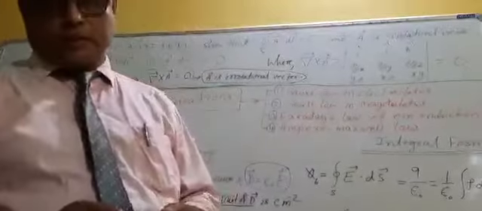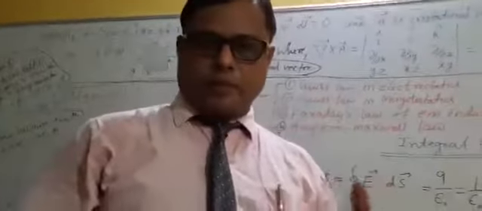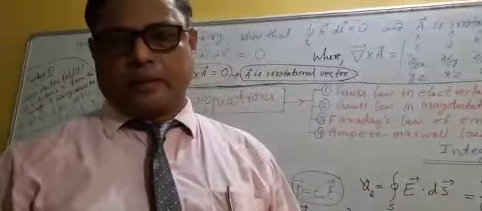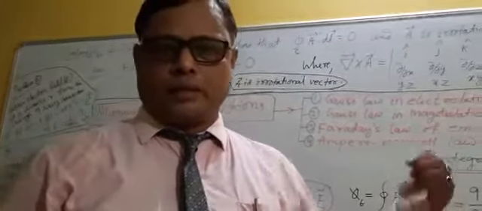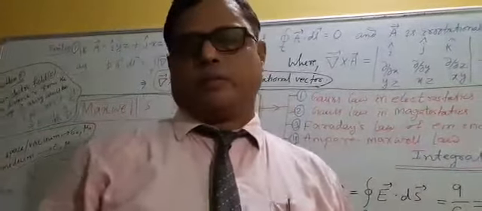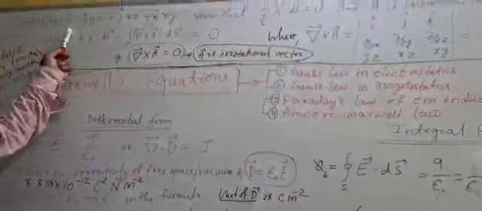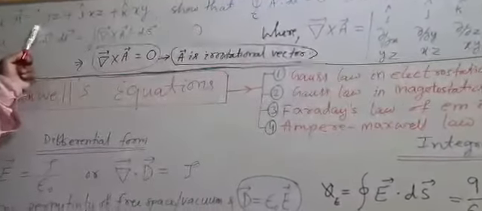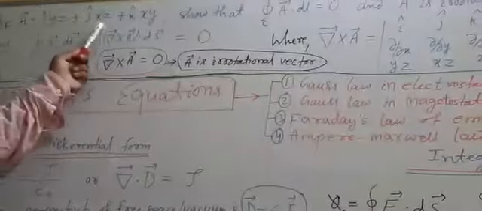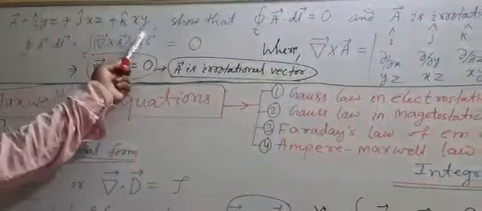Dear students, in continuation to the last discussion on vector integral theorems, let us discuss one more problem on Stokes theorem. The problem is: vector A is given as i cap yz plus j cap xz plus k cap xy.